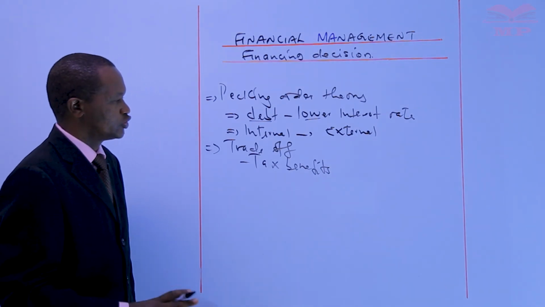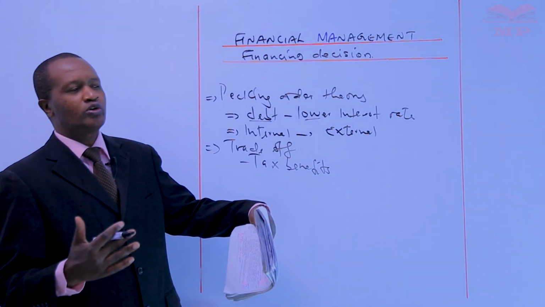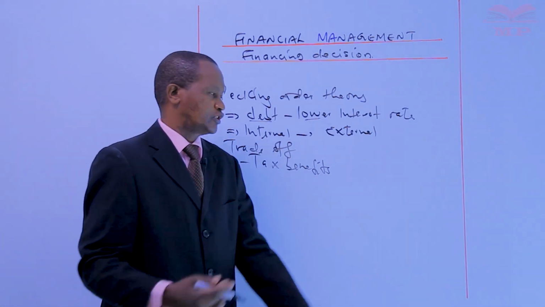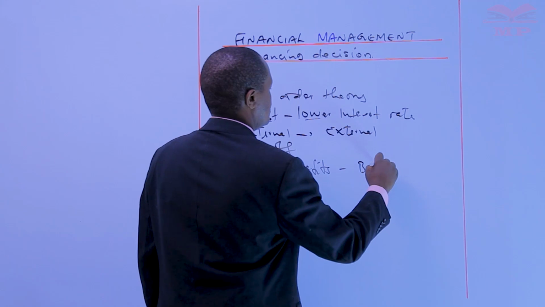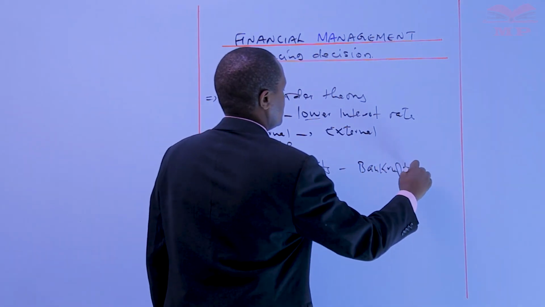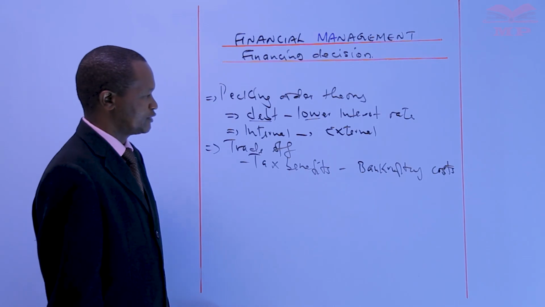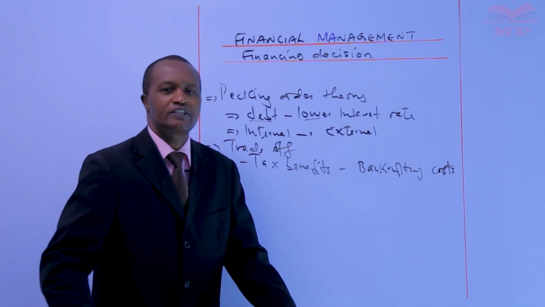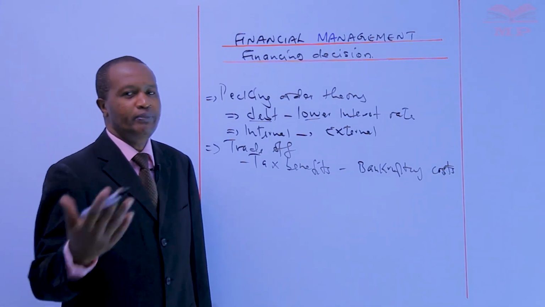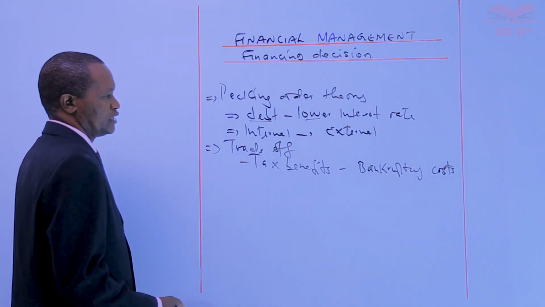They are assumed to do what? To trade off tax benefits with what we call the bankruptcy costs. The firm can trade off the tax benefits with bankruptcy costs when making financing decisions.